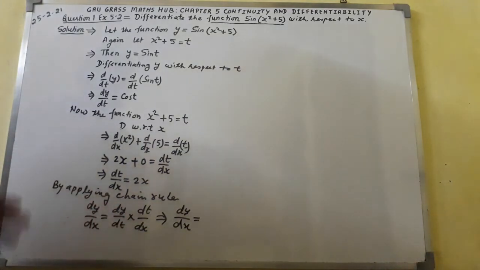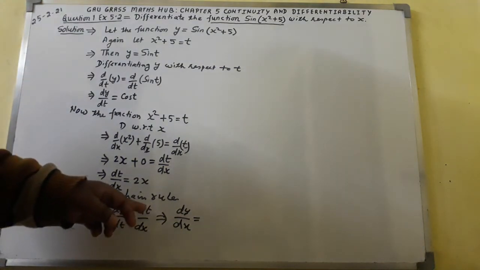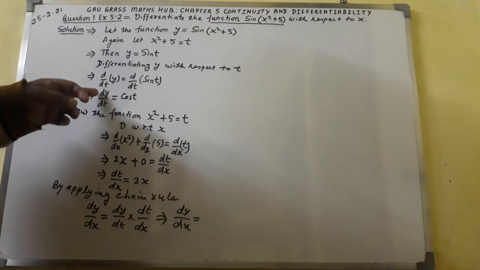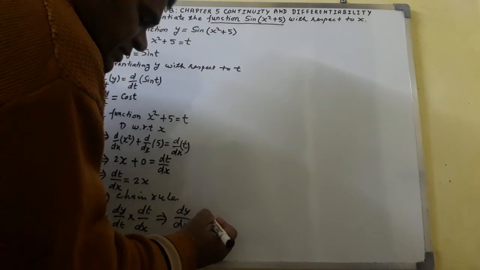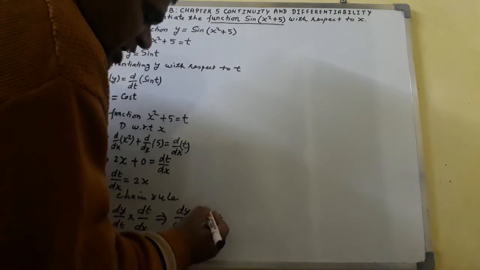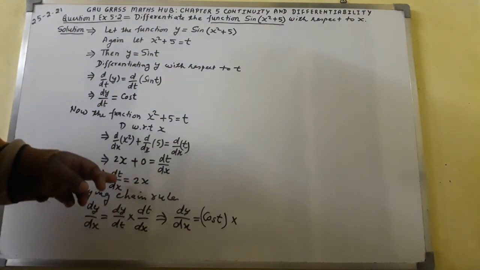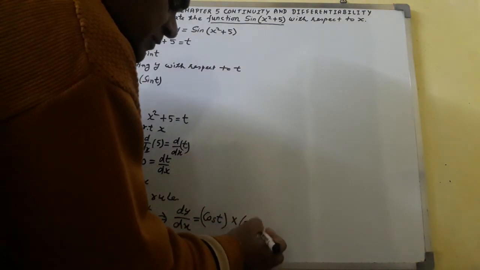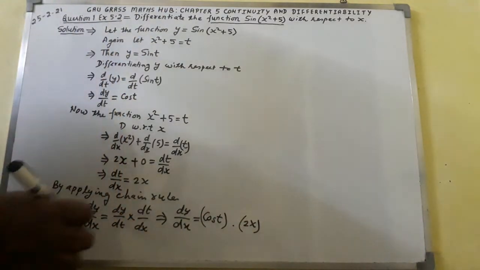To find the value, dy over dt equal to cos t, so I shall write cos t in bracket multiplied by dt over dx. Here dt over dx comes out to 2x, so write 2x.